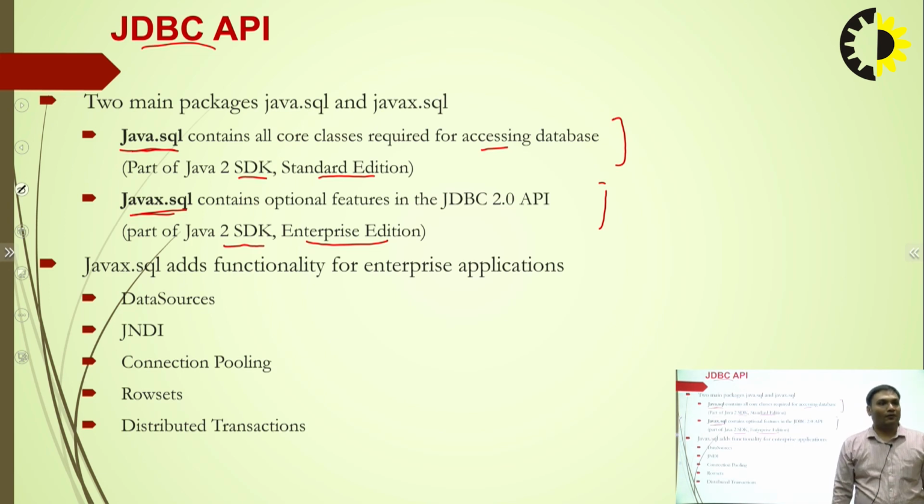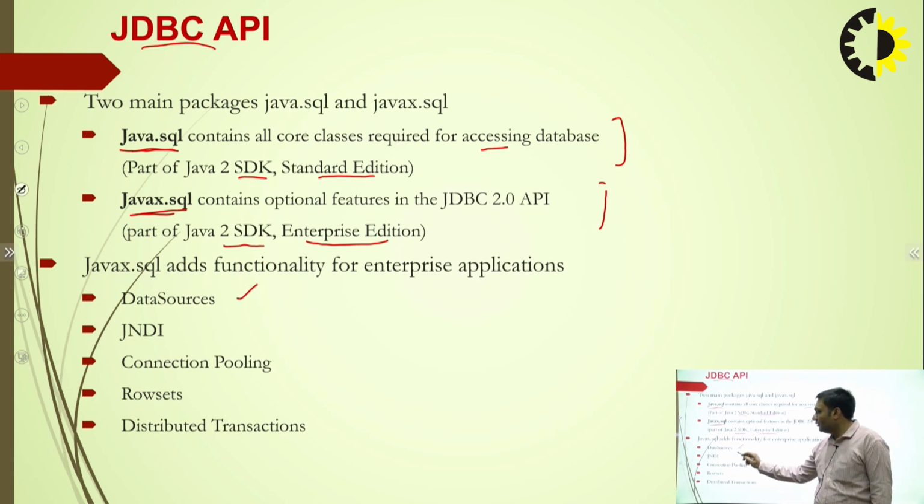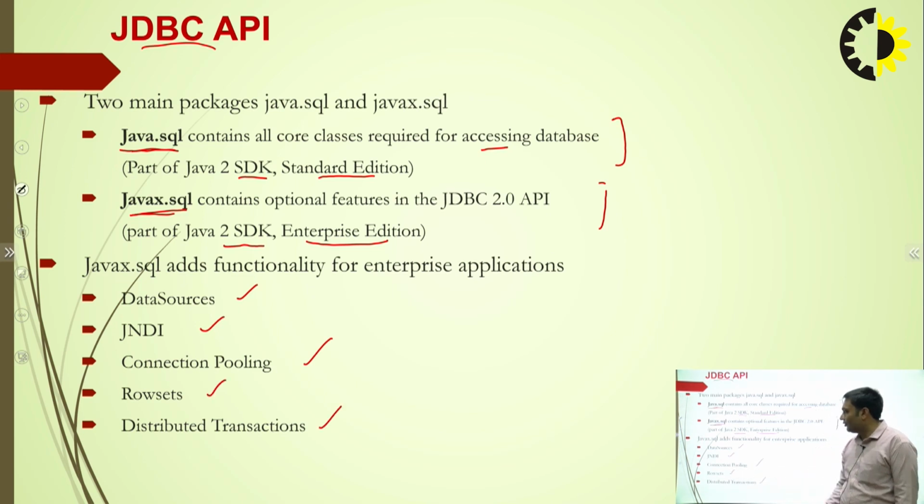Javax.sql provides additional functionality for enterprise applications like data sources, Java Naming and Directory Interface, connection pooling, row sets, and distributed transactions.